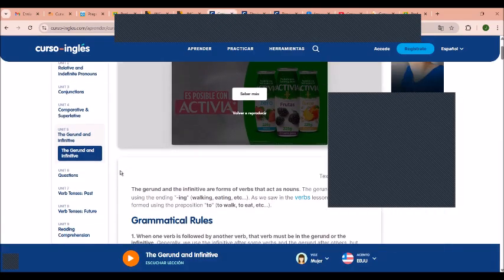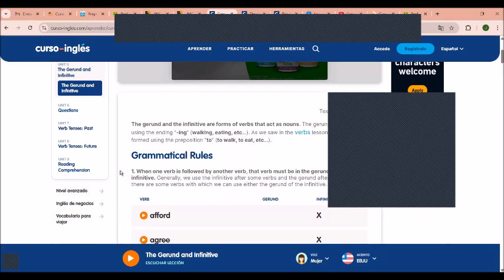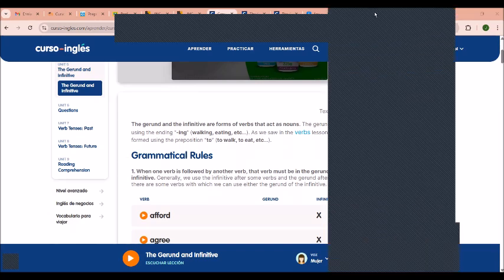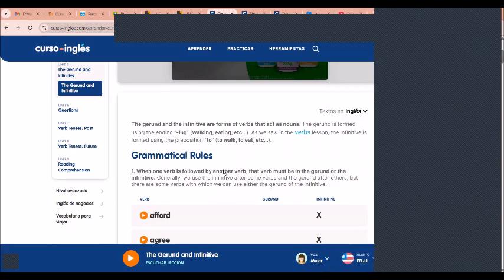Gerunds and infinitives are a big group, mostly because when we think of them, we are thinking of all the different verbs that are used to discuss certain things. Now, if your verb is on that real side, it's going to be followed by a gerund.